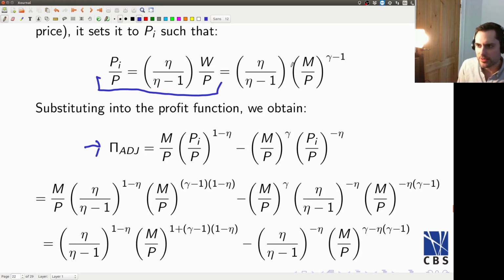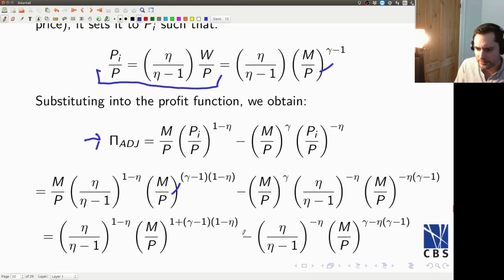So it's this expression to the power 1 minus eta. That's where we get this from: taking this to the power 1 minus eta, times mp from here, and the same thing there, to the power negative eta.